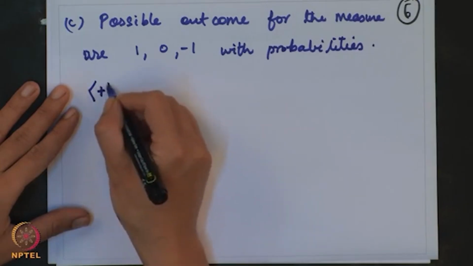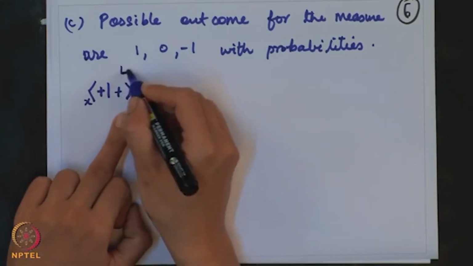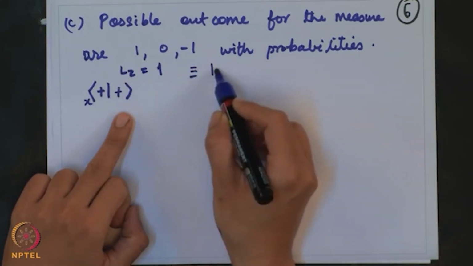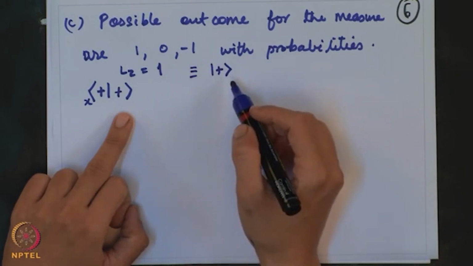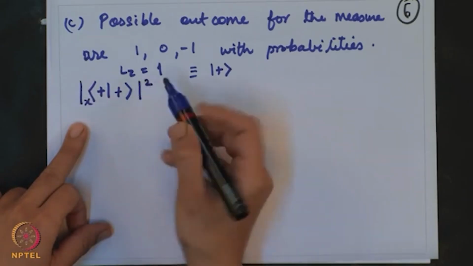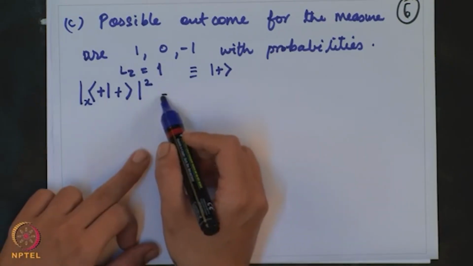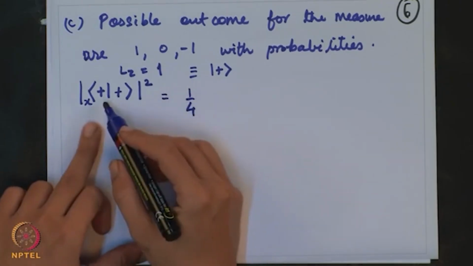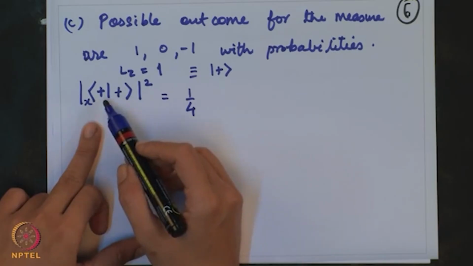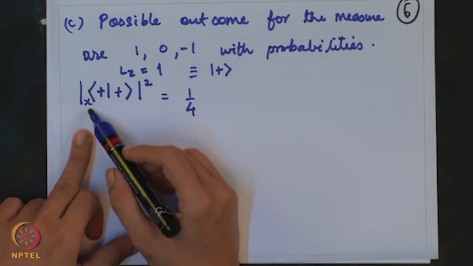What will be the probability? So, Lz is in state 1, which corresponds to eigenket plus. We have to find the probability of measurement on the state with Lz equal to 1. This will give me 1 by 4. You can just do it. We have already obtained the eigenkets plus, minus and 0 in the Lz as well as Lx basis.